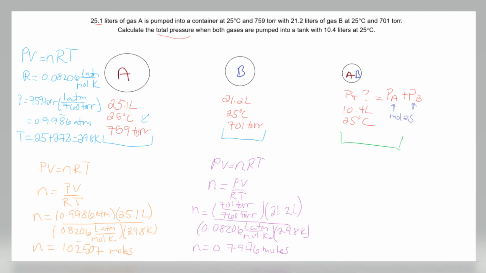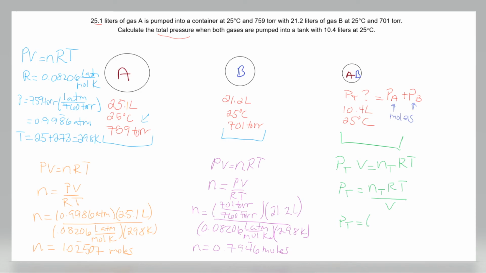If we want P total, we need n total. Okay, so let's isolate P total. P total equals n total RT over volume. Let's just plug it in.